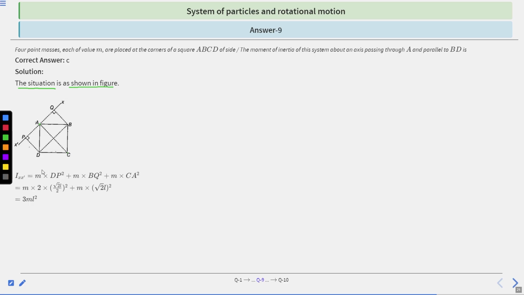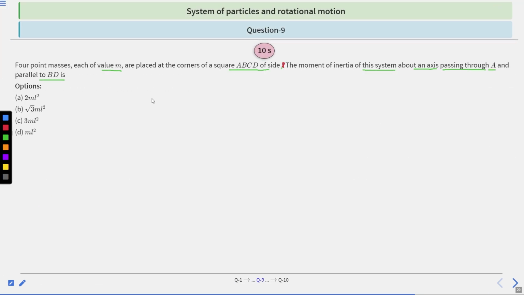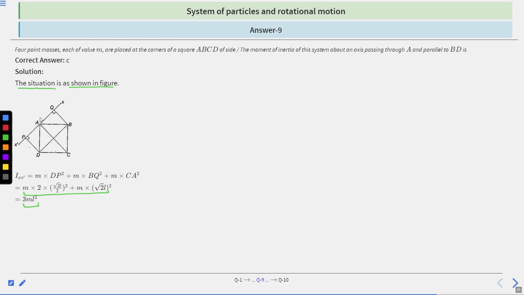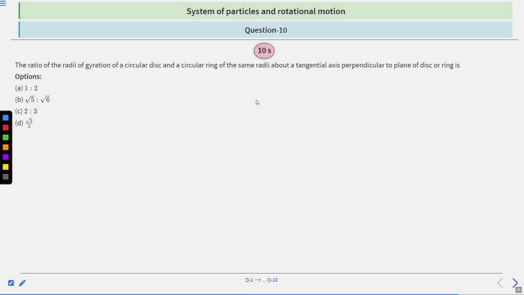Solving this, we get m into 2 into (root 2 L by 2) whole square plus m into (root 2 L) whole square. After solving this equation, you will get 3 mL square. So the correct answer is C, 3 mL square. Next question, question 10.